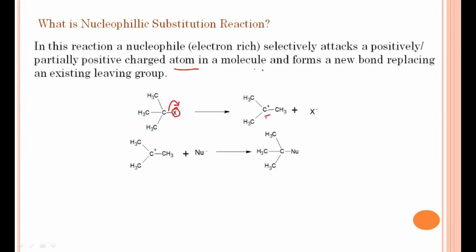The carbon gets a positive charge, and X gets a negative charge. So this nucleophile attacks the positively charged carbon. As it is an electron-rich, negatively charged species, it attacks the positively charged part of the molecule and replaces the existing group. It forms a new bond here. So ultimately this nucleophile has replaced this X.